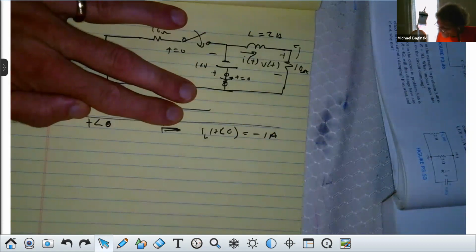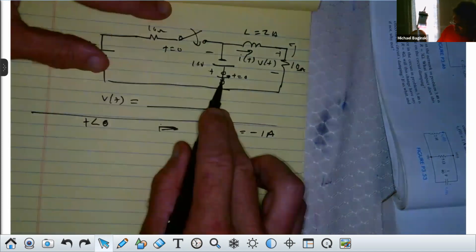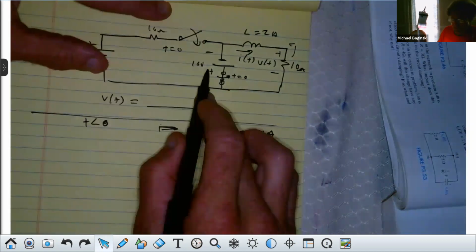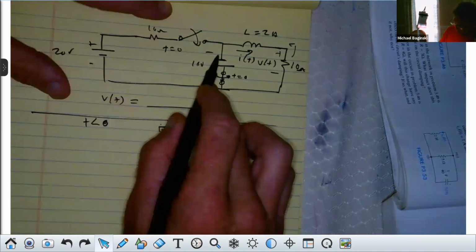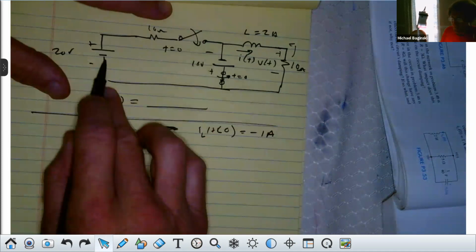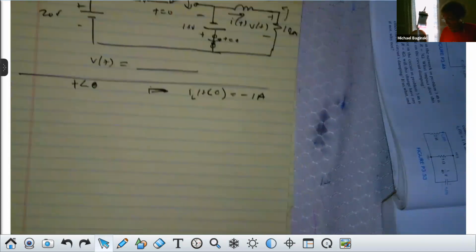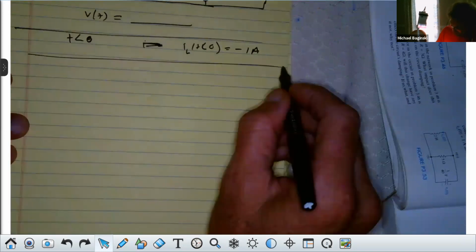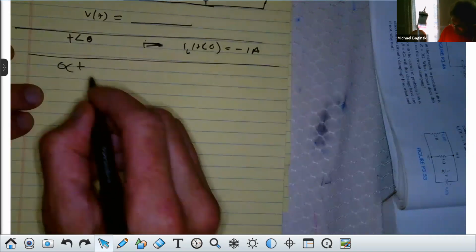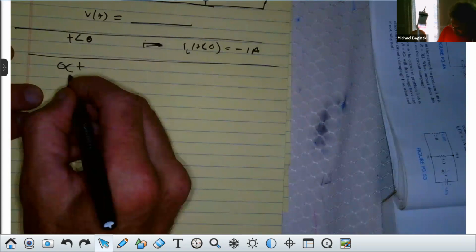Now, when the switch does its thing, both go concurrently, this opens up, that's gone, right? This middle one's gone, and this comes into play, right? So for t greater than 0, I got what I want for t less than 0. For t greater than or equal to 0, now I've got this.